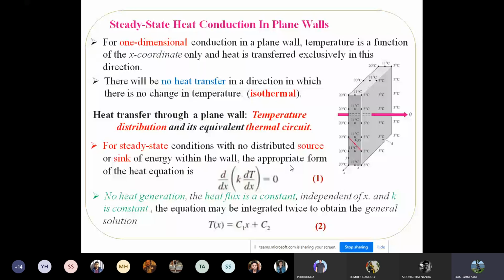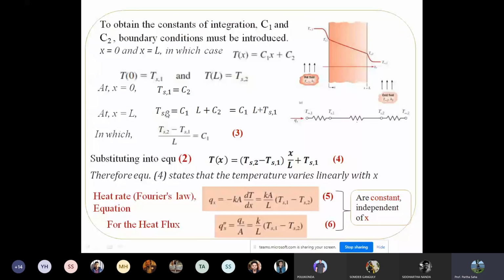If you remember correctly, this equation can be integrated. It has been integrated twice, and it becomes T = C1x + C2, where C1 and C2 are constants.